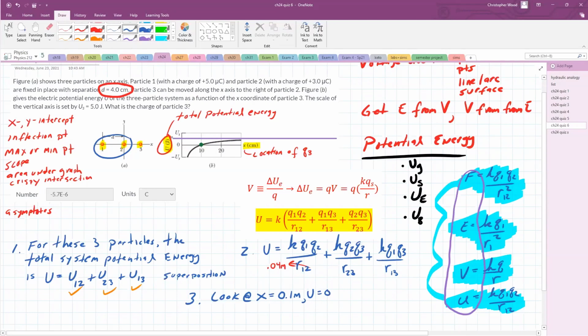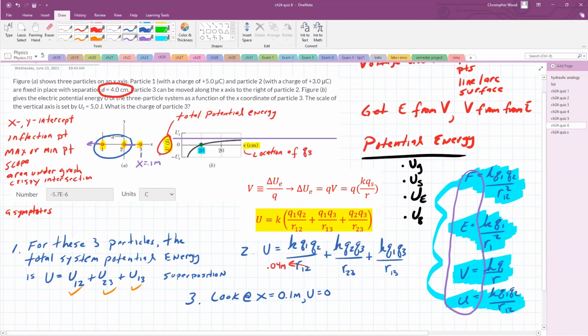Okay, so is that right? Because when particle 3 is at this 10 centimeter mark, which is 0.1 meters, according to my graph, there's no potential energy. And let's think that through before we just blindly follow orders. That's basically saying Q1 is going to be repelled by Q2 and 3, and Q2 is going to be repelled too, so we have all of this mutual repulsion. But if you play your cards just right, if I move Q3 exactly to X equals 0.1 meters, then everything offsets.